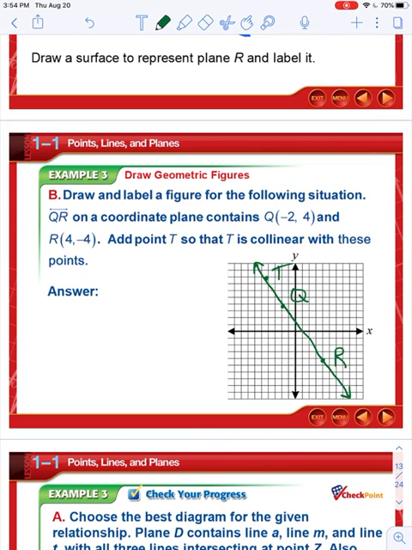So it's a good idea now, I would say, to go ahead and write out what collinear is. I just think about things sharing the same line or on the same line.